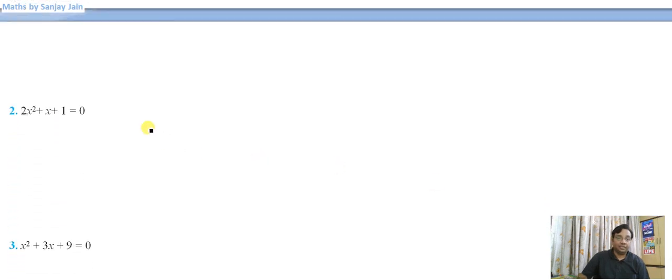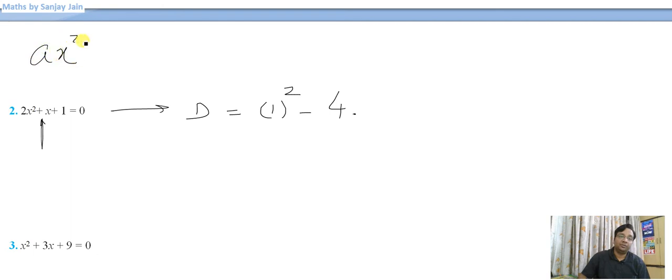In this one, let's find out the discriminant. Discriminant will be b squared, that is the coefficient of x, minus 4 into a into c. When I am saying b squared minus 4ac, I am referring to this form of the quadratic equation, where when I say b, I mean coefficient of x, and when I say a, I mean coefficient of x squared. I hope you are clear with these notations.